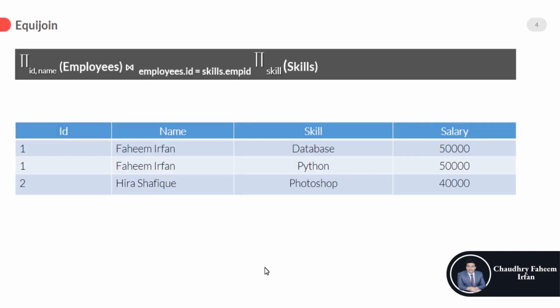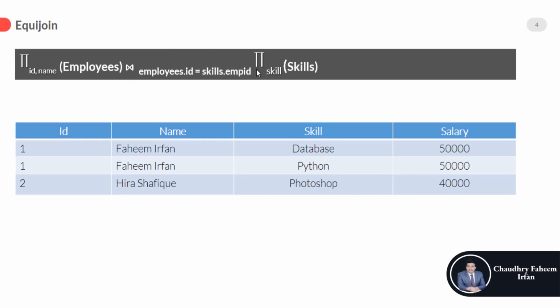Equijoin is same as Theta join, but in Equijoin we can use only the equal operator. So according to relational algebra, we are going to select by using projection operation. The symbol for projection operation is pi. We are going to select ID, name from employees table, and here is the Equijoin symbol, and employees.id equal to skills.employee ID.